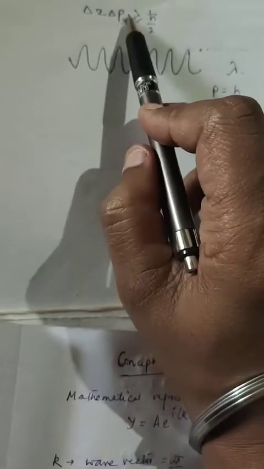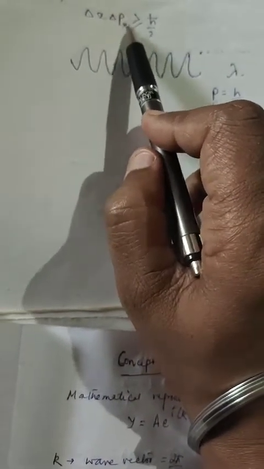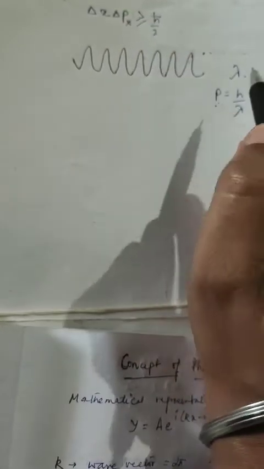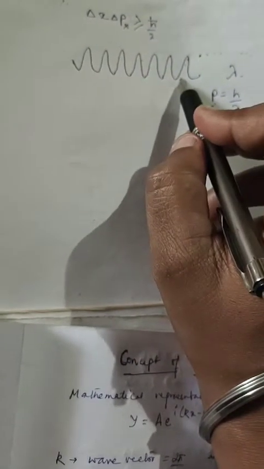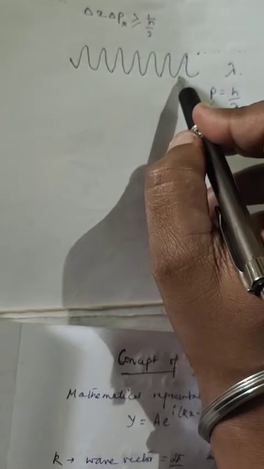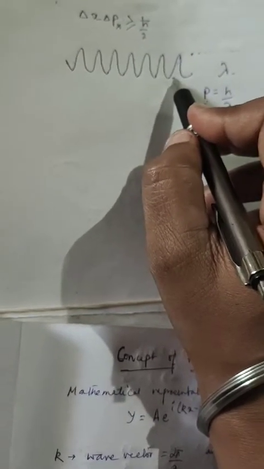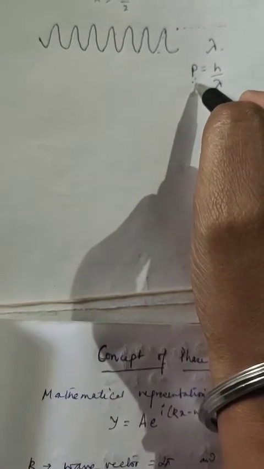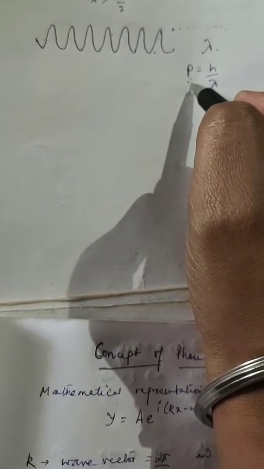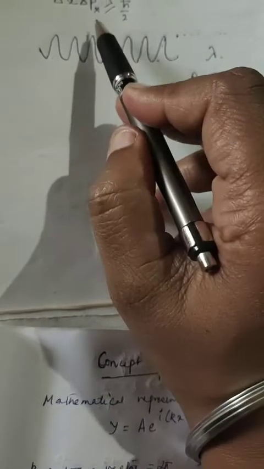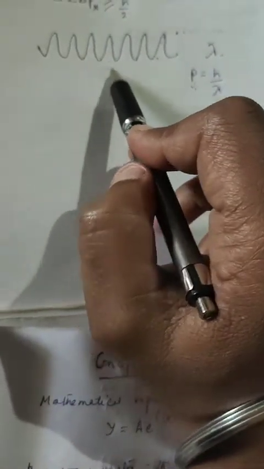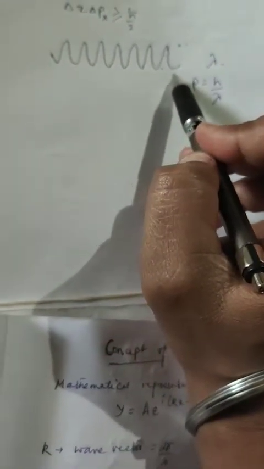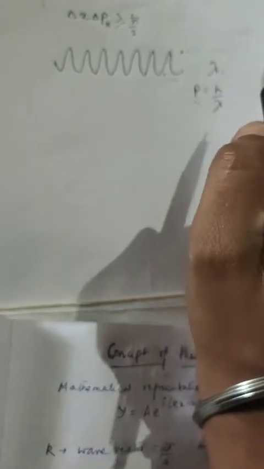So you see, the uncertainty in momentum is 0 because you exactly know the wavelength. It is a single wave. So there is no uncertainty in determining the wavelength. In other words, there is no uncertainty in determining the momentum of this wave according to de Broglie hypothesis. So absolutely no uncertainty in determining the momentum because the wavelength is known.